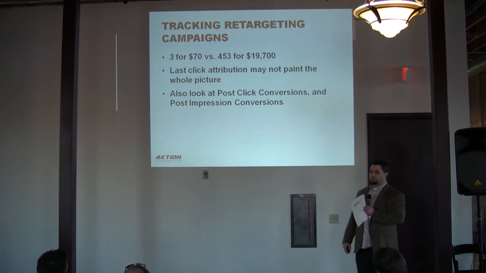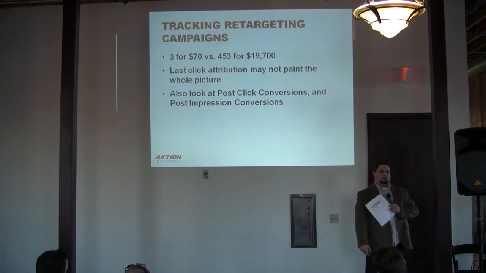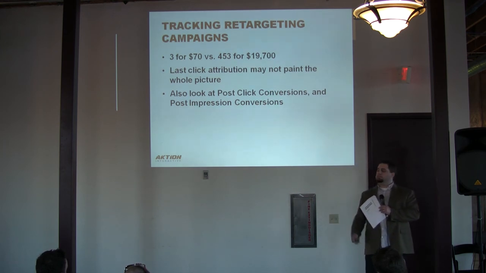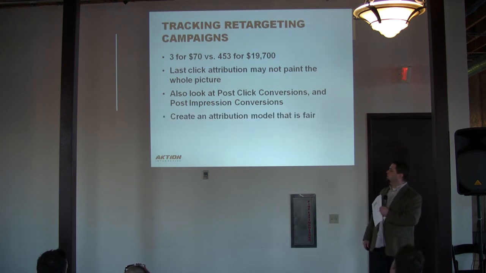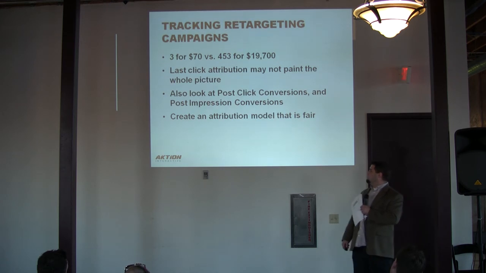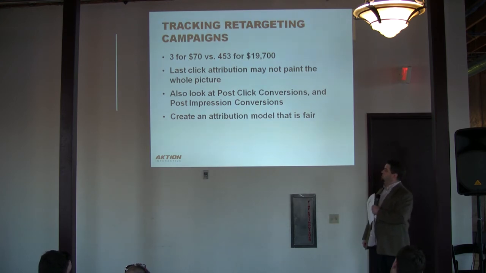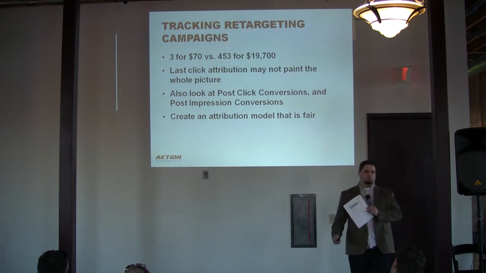That's where you really have to say, okay, how much did them maybe seeing an ad on the page, how much did that really lead to them making a purchase? So you have to create an attribution model that is going to be fair for both sides and make sense. In this client's case, they send us an entire list of all 453 orders. It includes the order number.